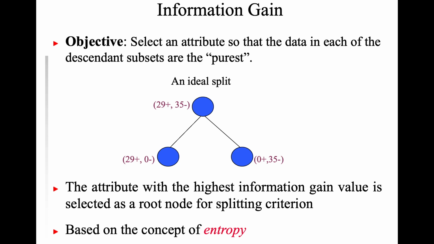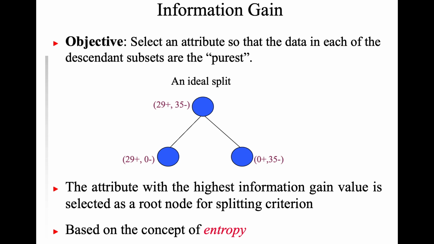So the attribute with the highest information gain is selected as a root node for a splitting criterion. We will learn how to calculate the information gain using the entropy, which I will explain shortly. But for now, I just want you to understand that the ideal split is the one where, in each of our branches, the outcome reaches a node that is pure.